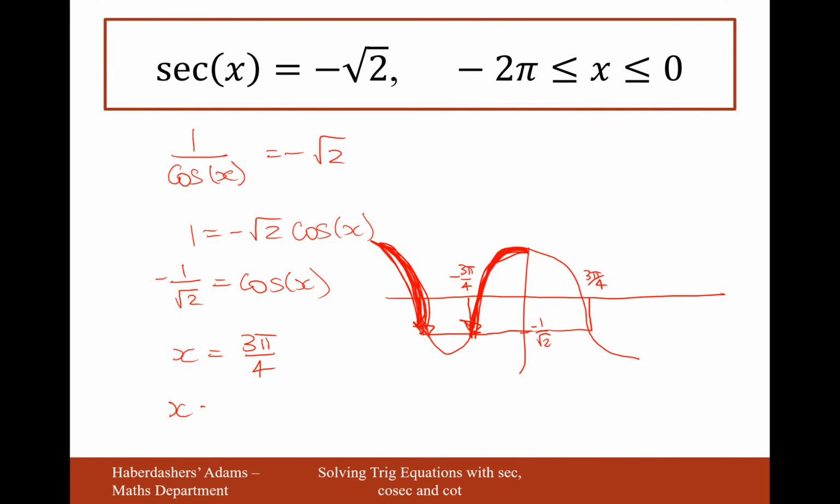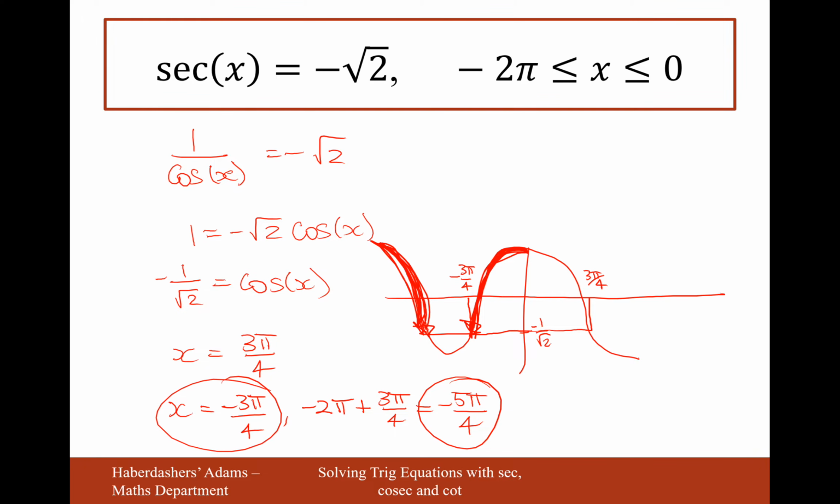So the first real solution will be minus 3 pi by 4, and the next one will be minus 2 pi add 3 pi by 4, which will be minus 5 pi by 4. So this is first, that's the second final solution, this is the first final solution.